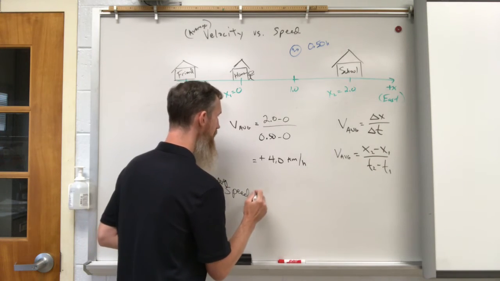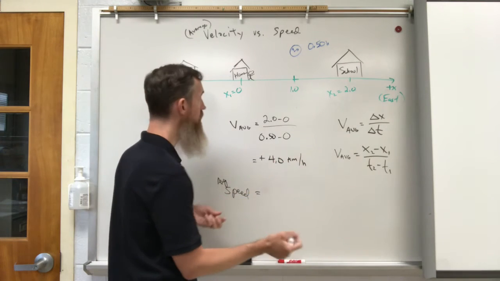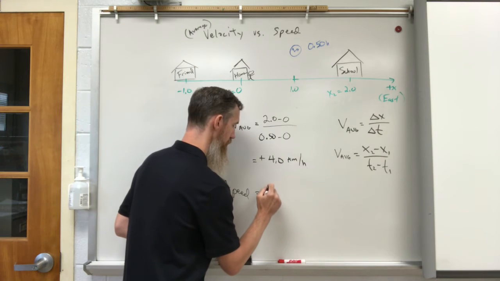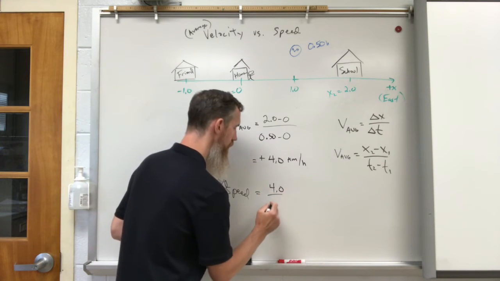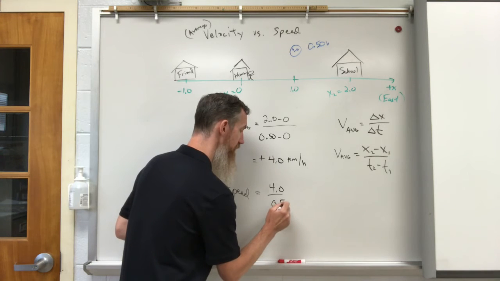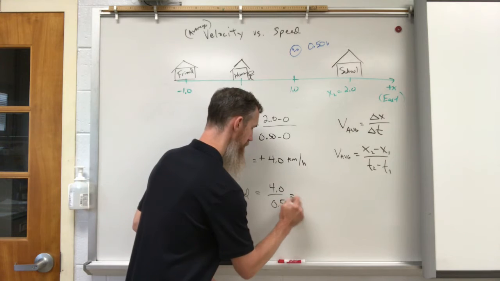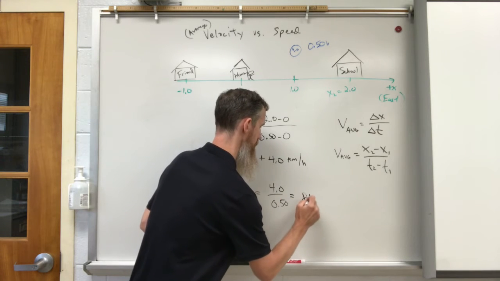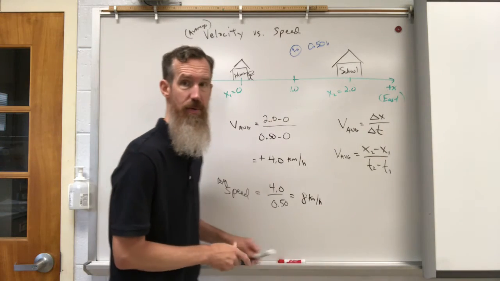So the average speed in this case would be all of your distance, all those 4 meters, all over a half an hour. So you're probably moving pretty quick to do this: 8 kilometers an hour.